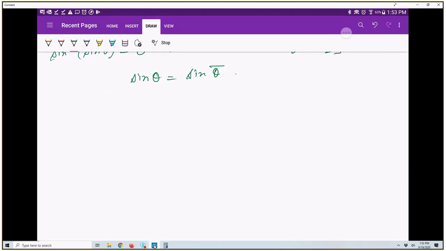Similarly for cosine, so cosine inverse of cosine of theta is theta, but if theta is in 0 and pi, which is the restricted domain.